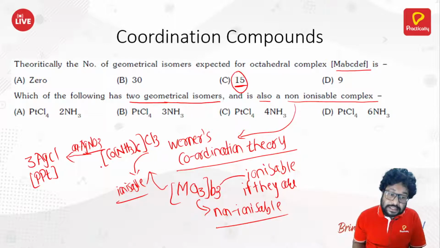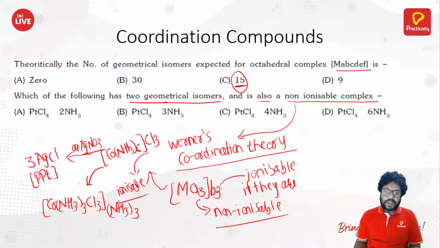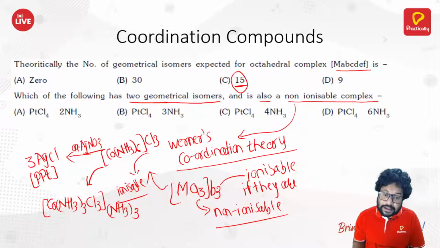But this compound has one of its isomers, which looks like this: Co(NH3)3Cl3, and outside of it they have NH3. Now this NH3 is in the ionization sphere, but ammonia cannot be ionized. So it is as good as non-ionizable.